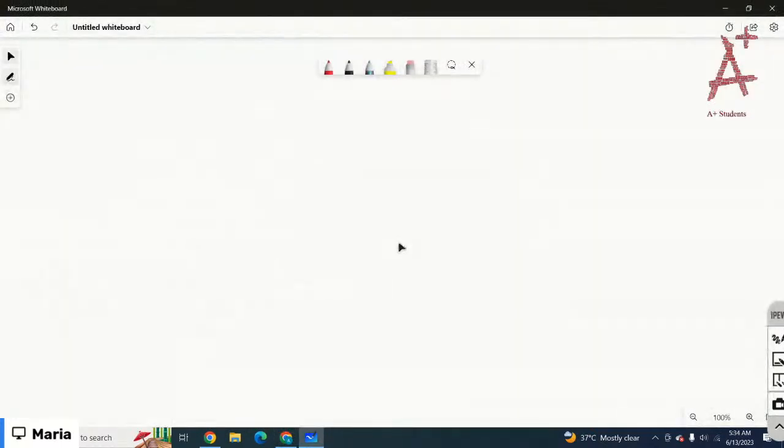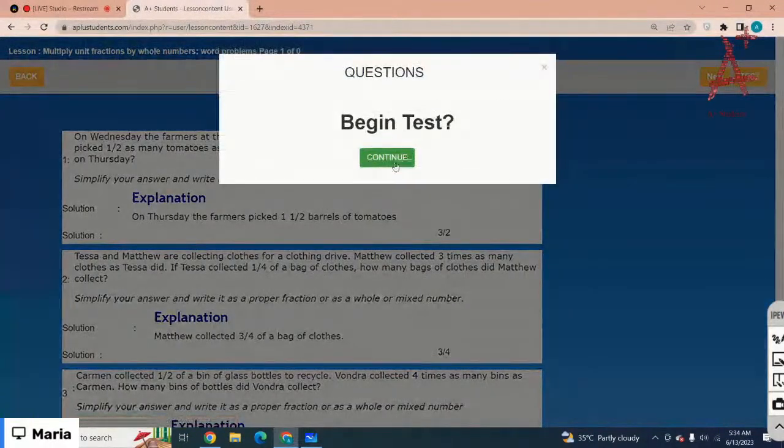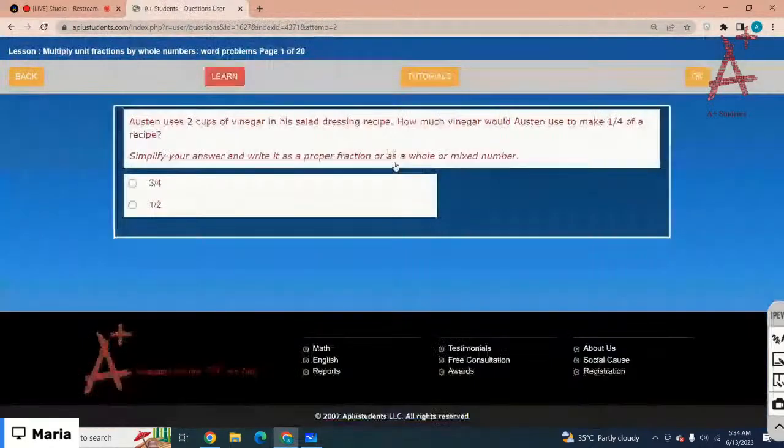You have to do the same thing: 3 times 1 is 3 and 2 times 1 is 2. So it would be 3 over 2. That means the total barrels they collected. If the answer is in fractional form, yes, that would be 3 over 2. Got it? Let's start with the practice questions.